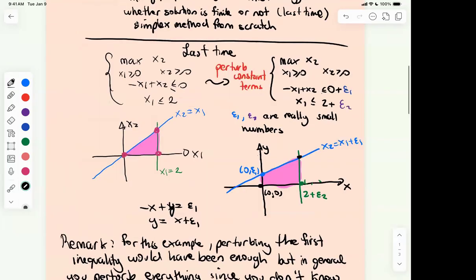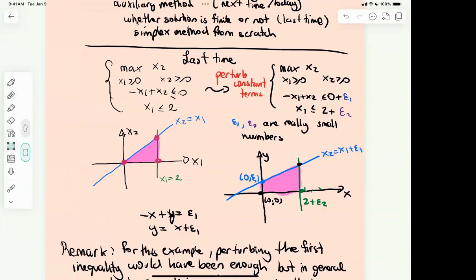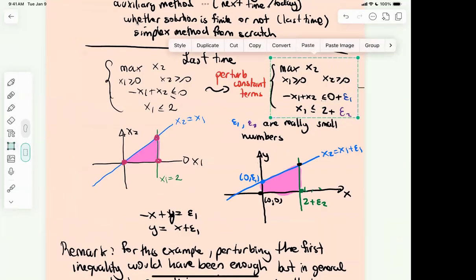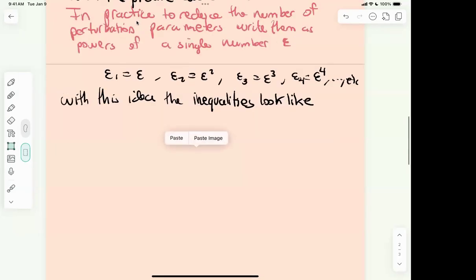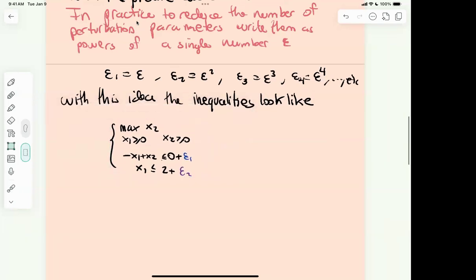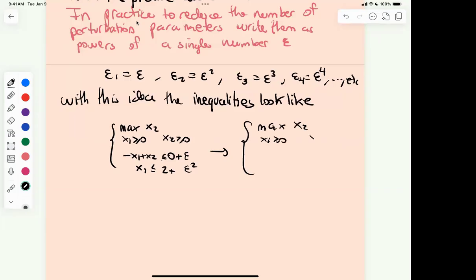Well, let me put this up. I actually had it here. Let me copy this here. So this is epsilon squared, which if you want to write using slack variables to get equalities.